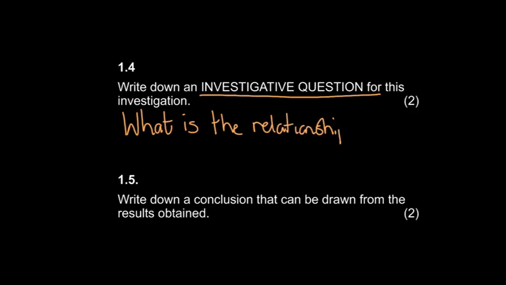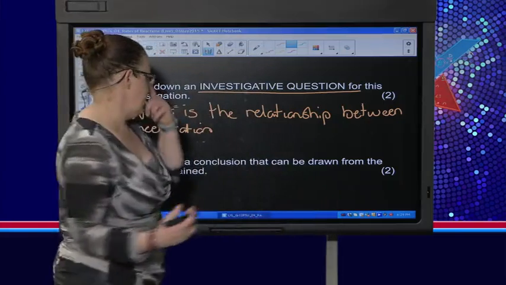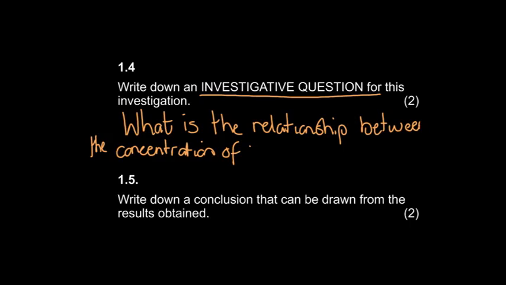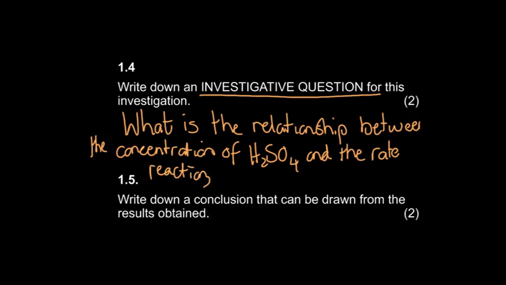Between, and now we're going to do our variables, between the concentration, now here, if you said sulfuric acid or one of the reactants, either way, it doesn't matter, of sulfuric acid, and the rate of reaction, provided, now watch, here's our constants, provided all other variables are constant.